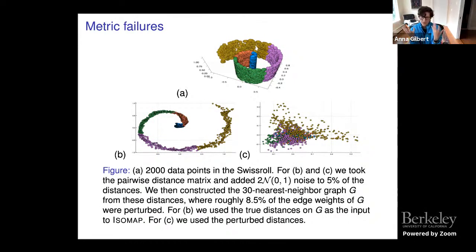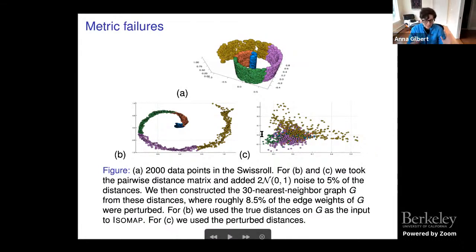Well, the figure on the left here shows a nice projection of Isomap. Everything is nice and preserved. The geometric structure is nice and preserved. But when I give what I think of as ever so slightly perturbed or corrupted distance graph to Isomap and I do the embedding, I get just utter garbage. And so this is an example to show you that if your input to something as simple as Isomap, it's actually MDS underlying under the hood.